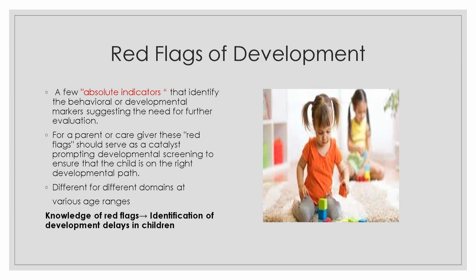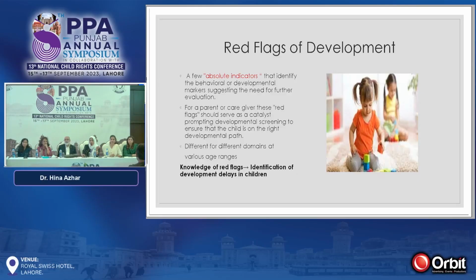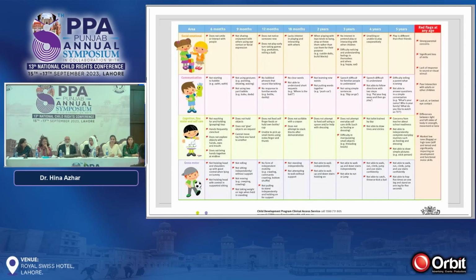So for a patient or caregiver, these red flags should serve as a catalyst prompting developmental screening to ensure that a child is on the right path or not. And these are different for different domains and various age ranges. As I have already mentioned, there are 5 domains of development, and all of these domains have different red flags. It doesn't mean that if the child starts sitting at the age of 6 months, then he should walk by the age of 1 year.